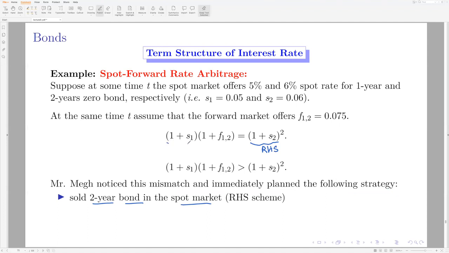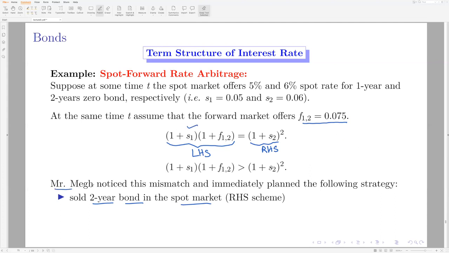And let us call this scheme the LHS scheme. It means you first buy the 1-year maturity bond, and at the same time you also go for a forward contract which is offering you 7.5% from the first year to second year from today. That is the LHS scheme.